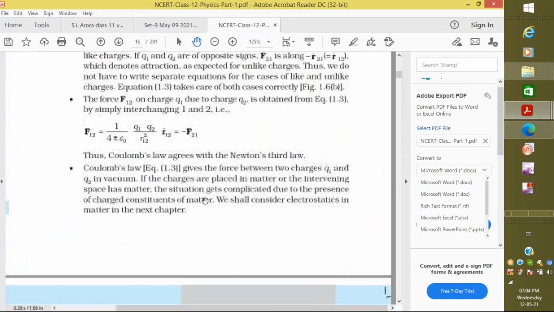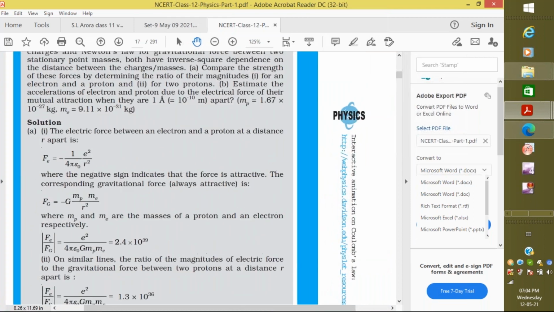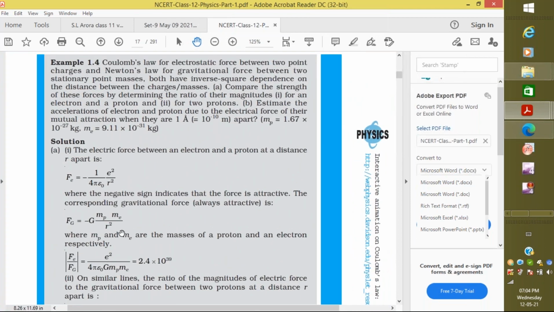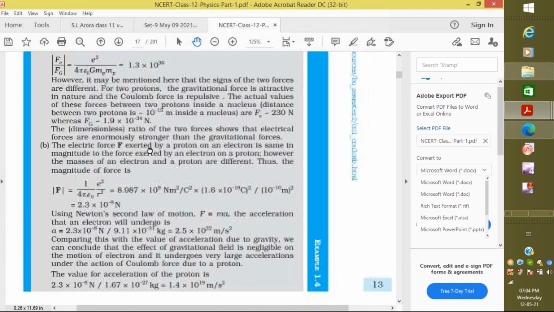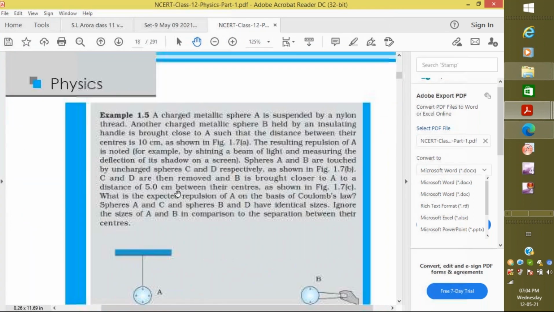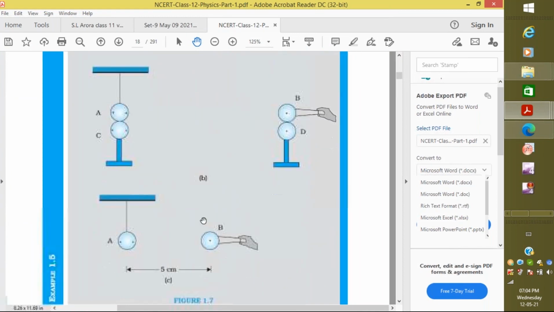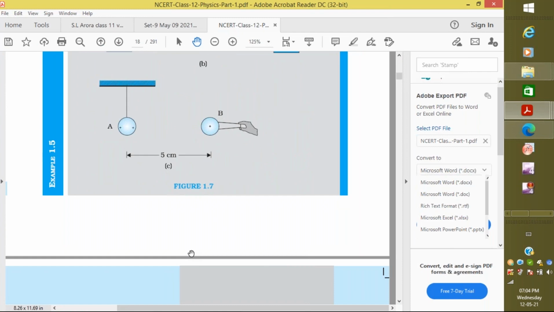I'll tell you later when I find that example. Anyway, this example is important: what is the ratio between electric force and gravitational force between two charges? Look at this example, I think you should see this.